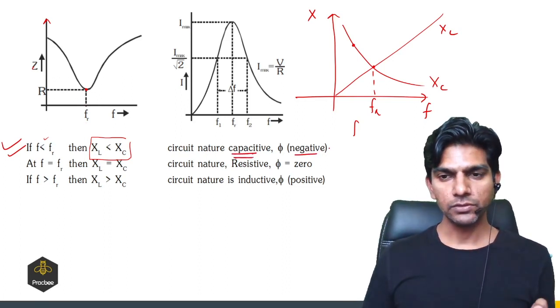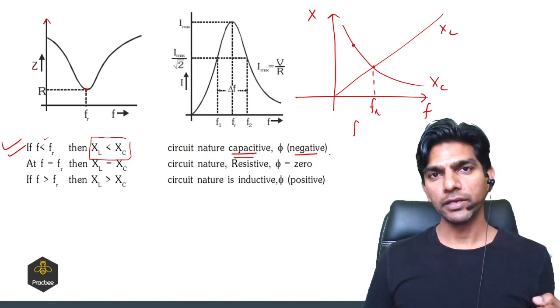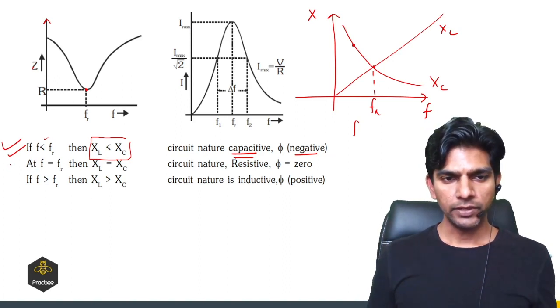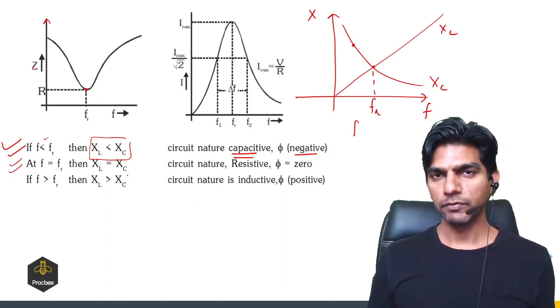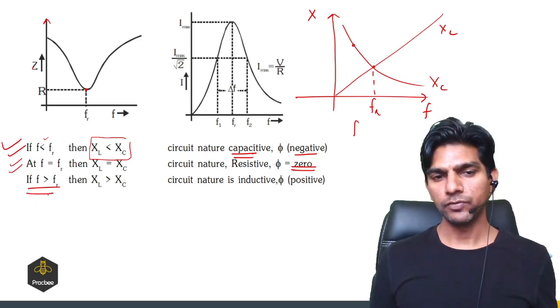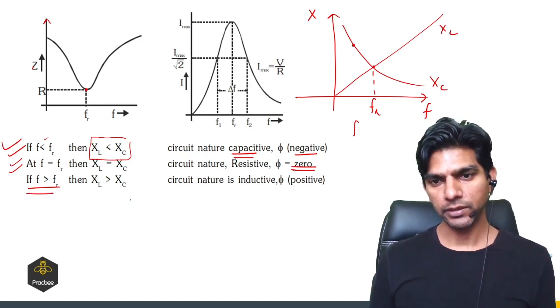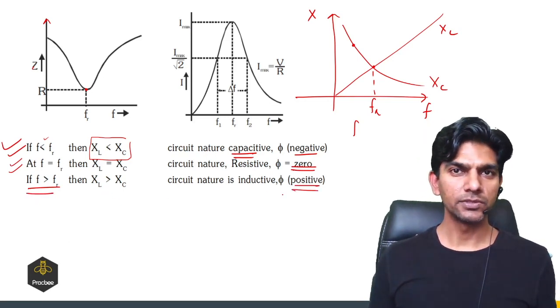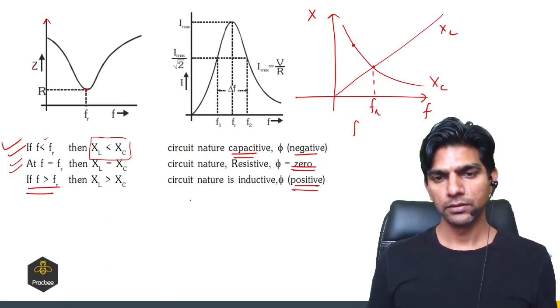And what does it mean? It means the voltage is lagging behind the current. And when f is equal to fR, the circuit will be purely resistive. In that case, there will be zero phase difference. And if f is greater than fR, then the circuit will be inductive. So the phase difference will be positive because the voltage is leading the current.